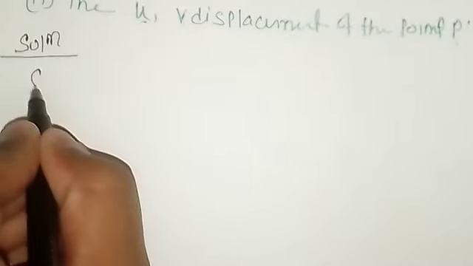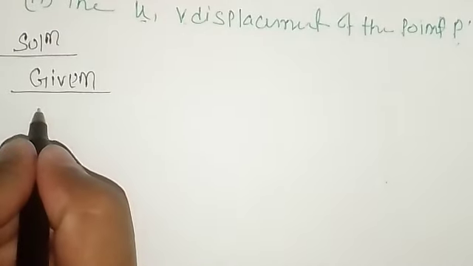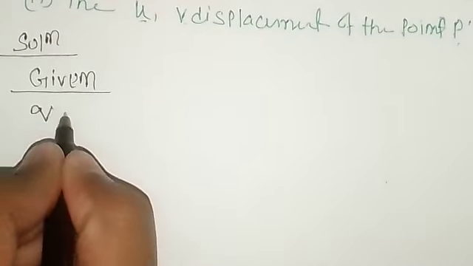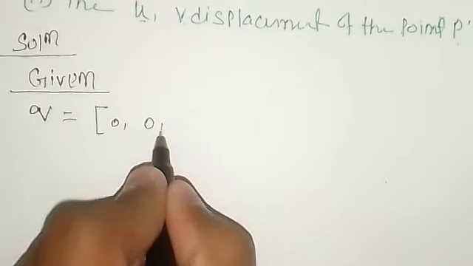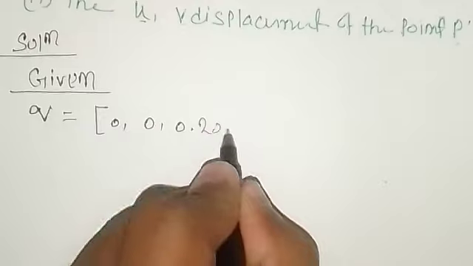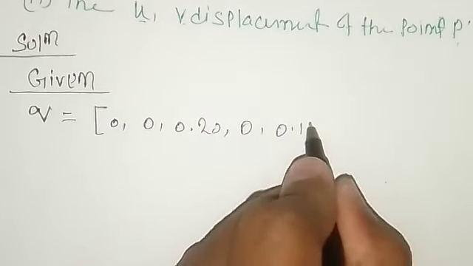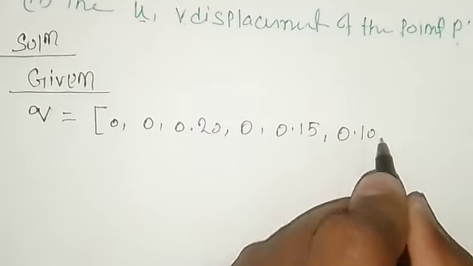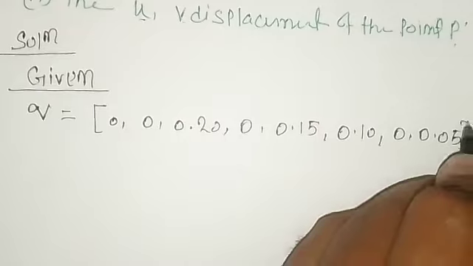So first of all, the given is that the nodal displacement is given, q is equal to 0, 0, 0.20, again 0, 0.15, 0.10, 0 and 0.05 in transpose, right?